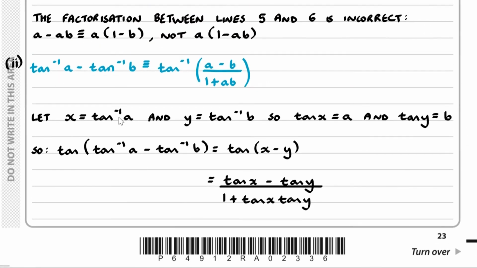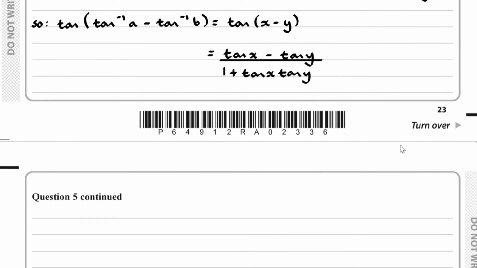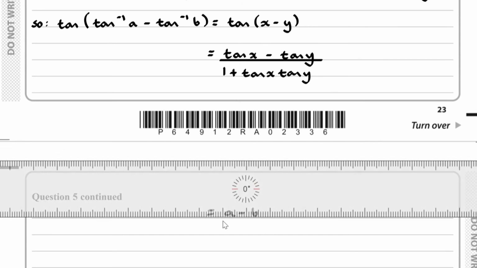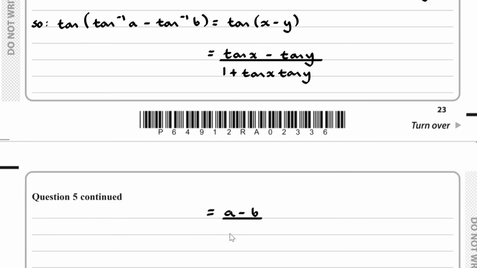And using what we know about A equaling tan x and B equaling tan y, this is the same as A minus B divided by 1 plus AB.